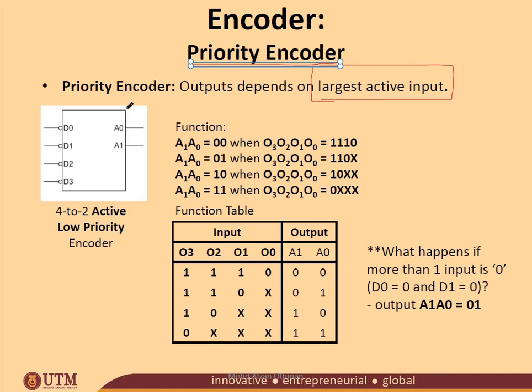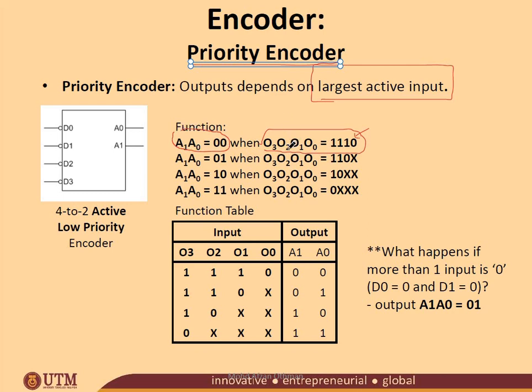So for example, let me go for the first combination. If we have A3, A2, A1, 0, we have 1, 1, 0. Okay, this one is active low input. So here we have no problem because we only have one active input, which is at all 0. Then the output will surely be 0, 0.